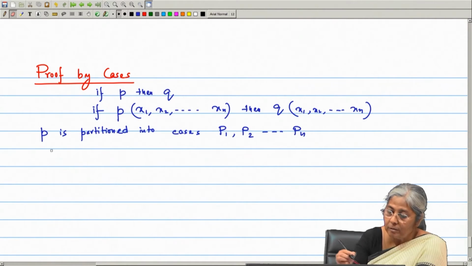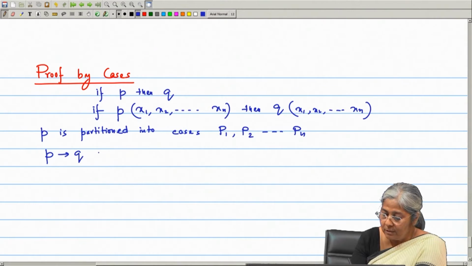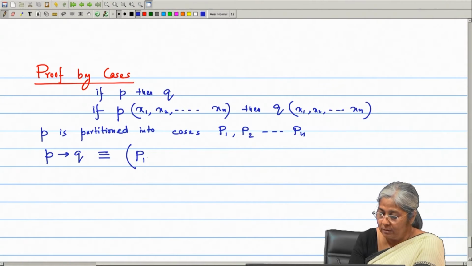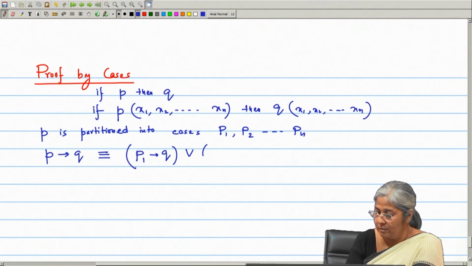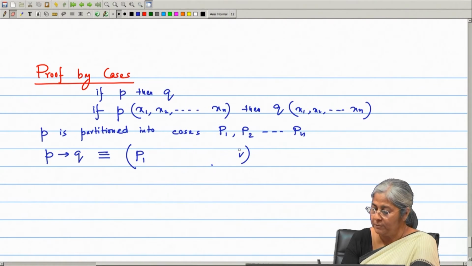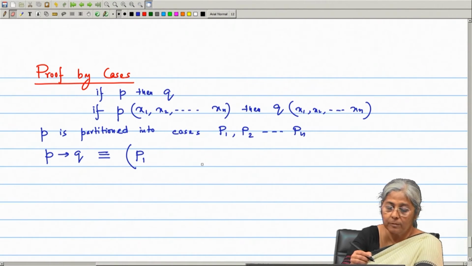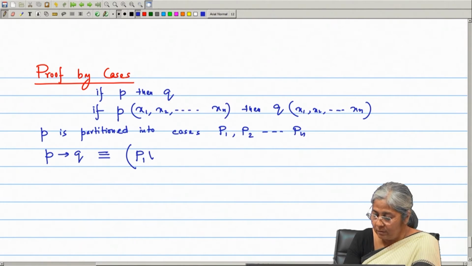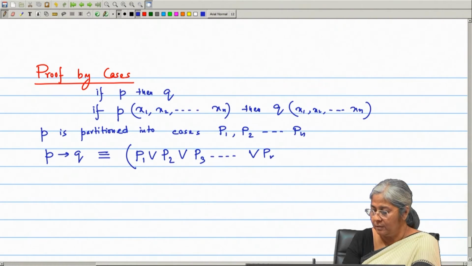I can write P implies Q is equivalent to P1 implies Q, or P2 implies Q. Better I give P1 or P2 or P3 or Pn.